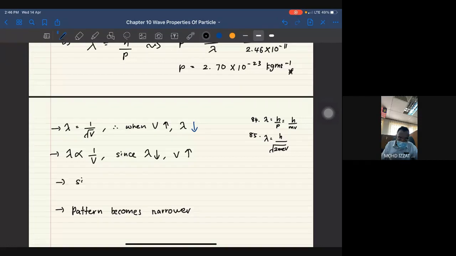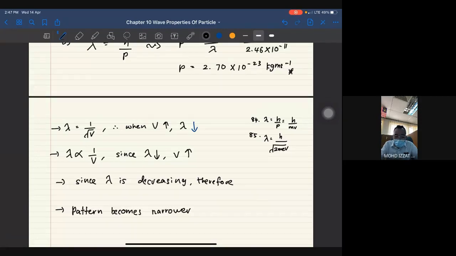See, lambda is decreasing. Therefore, pattern becomes narrower. So actually, you can relate with the single slit punya experiment. But that wouldn't be the appropriate formula.